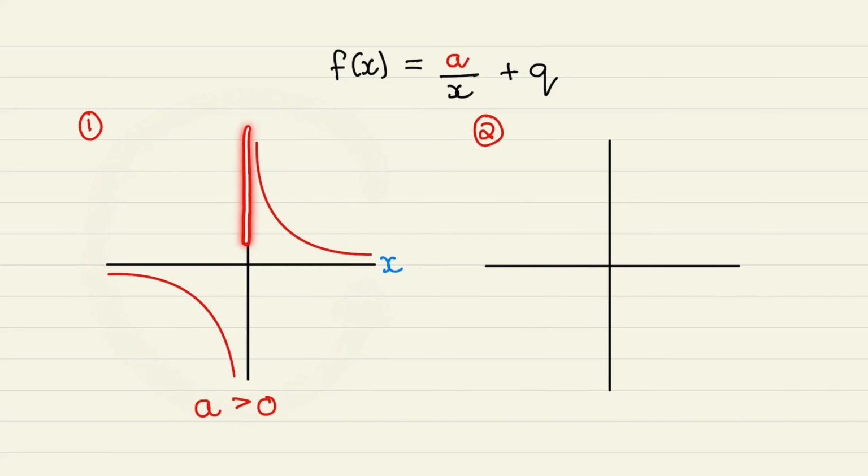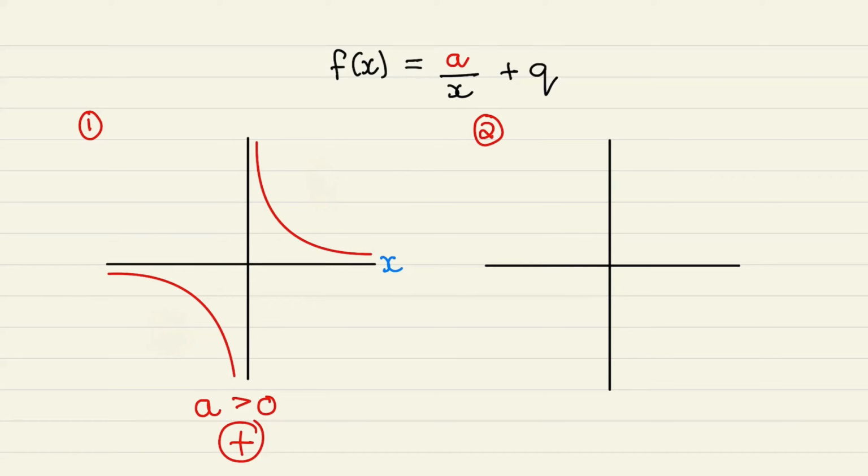And we can see that the y-axis and x-axis divide the Cartesian plane into 4 parts. The first part is quadrant 1, then I have quadrant 2, below that quadrant 3, and then next to that quadrant 4. So when a is bigger than 0, or when a is positive, the function would be in quadrant 1 and quadrant 3.